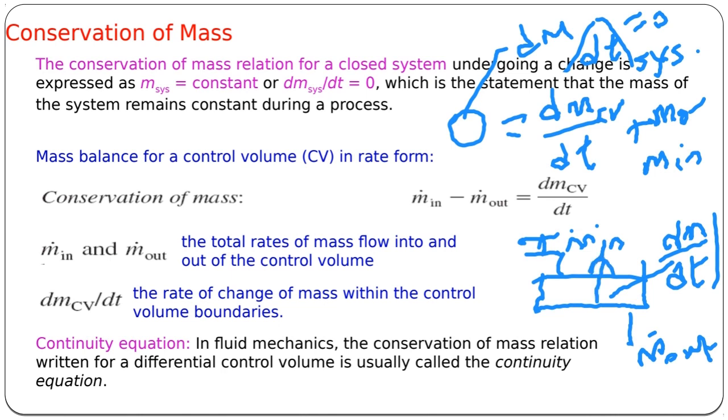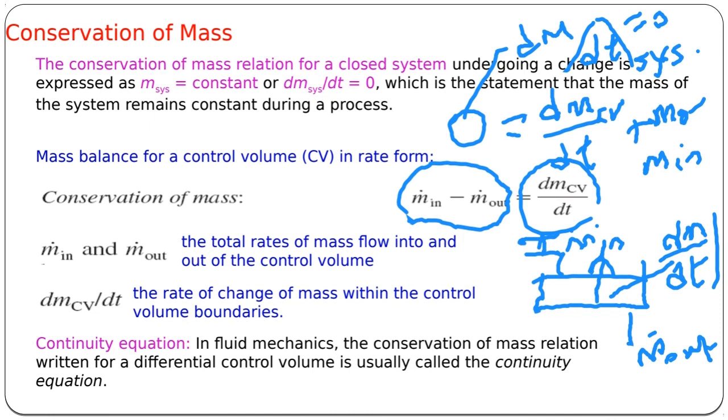So what this says is, if the amount of incoming mass is greater than the outgoing mass, the mass of the control volume will increase, otherwise it will decrease. What does it mean to have this one be zero?